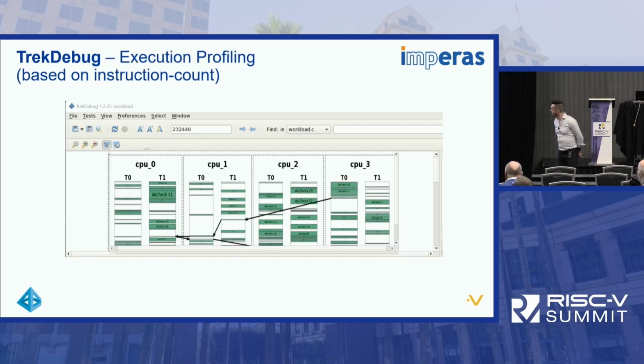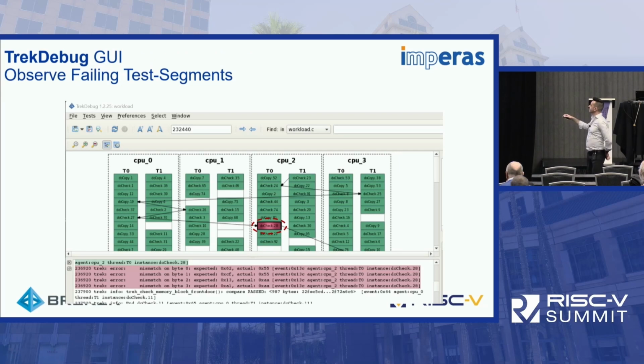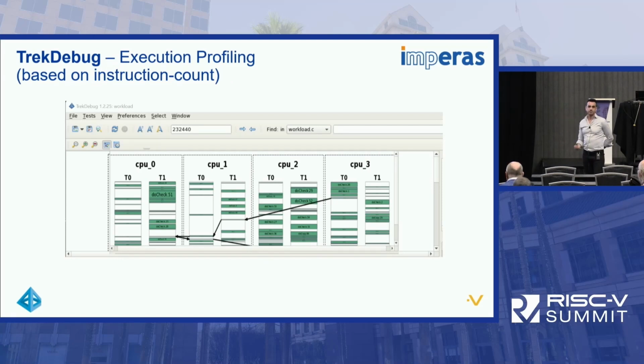Another feature that we have is the execution profiling, where if you look at the previous picture, you see that all the tasks, they're equal size. With the execution profiler, we can have it based on the instruction count, for example, and you can see exactly which task took the longer number of instructions to complete.